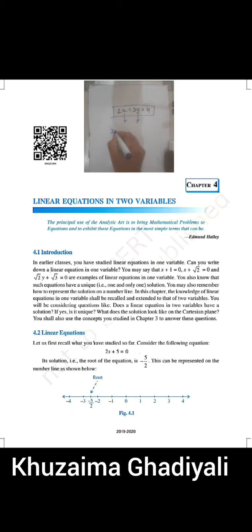For example, if I put x equal to 1, there will be a different value of y. If I put x equal to 2, there will be a different value of y. So for each value of one variable, there will be a different value of the other variable. In this way we will have distinct points, and we can say that there are infinitely many solutions of a linear equation in two variables.